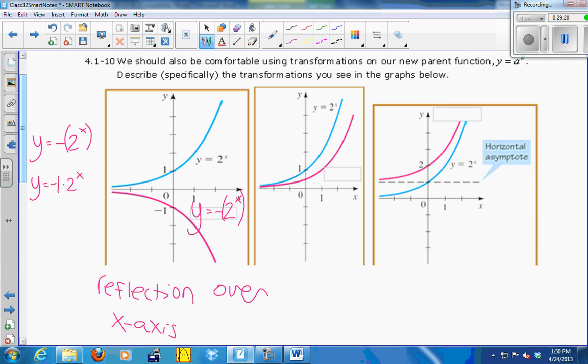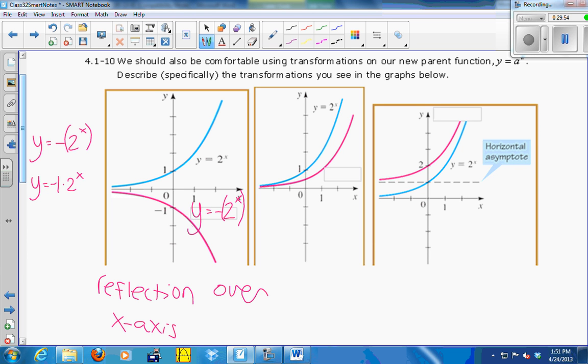Okay, let's look at the next one. I have y equals 2 to the x in blue. Just in words, what appears to have happened? What transformation took place from the blue to the pink? Well, there's several ways we can think about it.